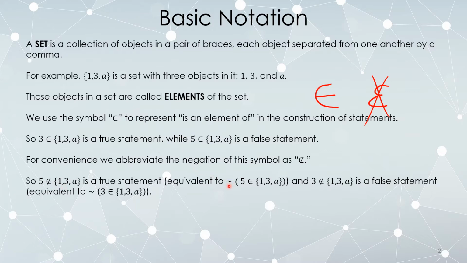Equivalently, you could write negation of, and then the entire statement, 5 is an element of the set. Similarly, you could write 3 is not an element of this set, and now that's a false statement, which is equivalent to the negation of 3 is an element of this set. In practice, you hardly ever see people write negation of statements about what is or isn't an element. You just use the symbol is not an element of.